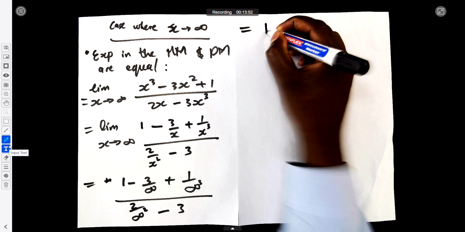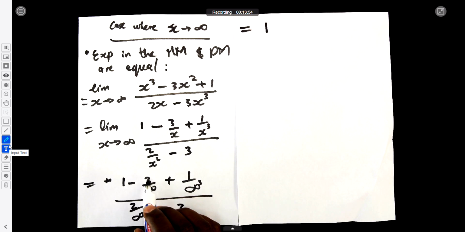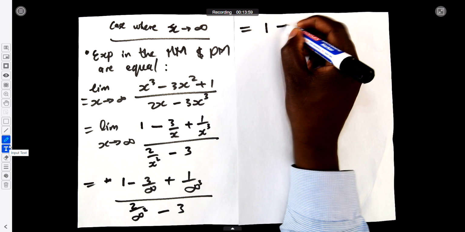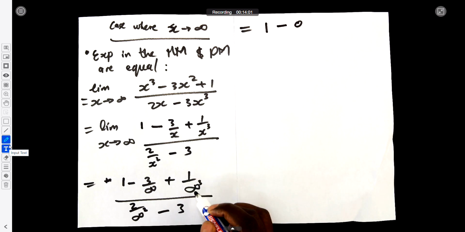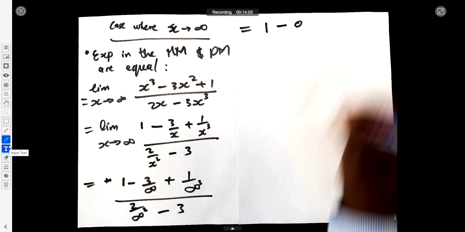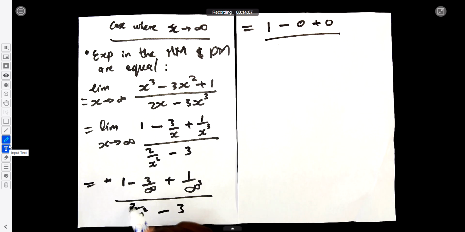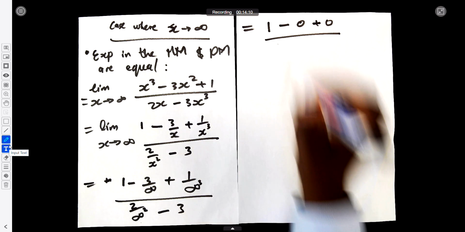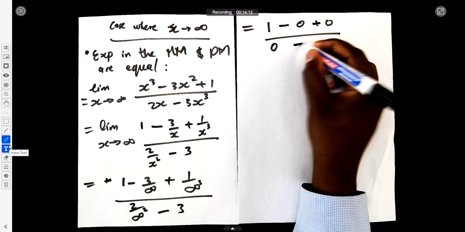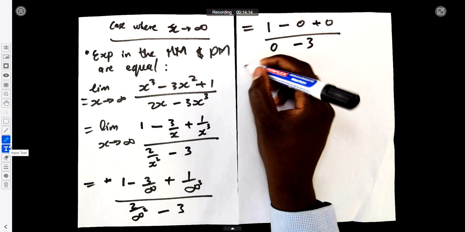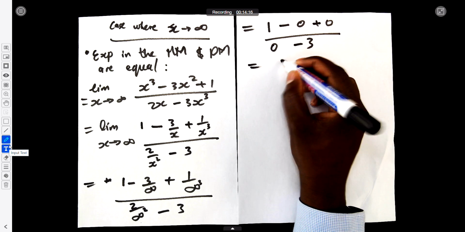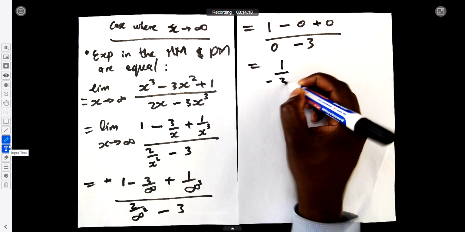We'll say 1. Therefore, 3 divided by, let's say, a billion is approximately 0 if you remember, so it's minus 0. 1 over infinity to the power of 3 is approximately 0, all divided by 2 over infinity to the power of 2, which is 0, therefore minus 3. Therefore, the answer that you're left with is 1 over negative 3.